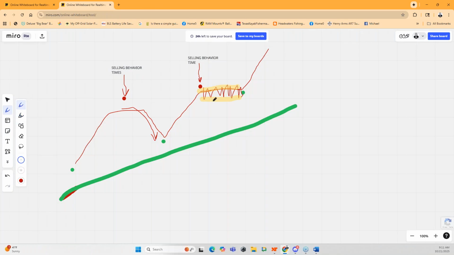And what happens is people are taking profit right now and they're selling into this high of a range. People are also not wanting to miss out on the next move up, and they're buying at the bottom of this range. Richard Wyckoff, the father of modern volume analysis, talks about this pattern and calls it a reaccumulation pattern.